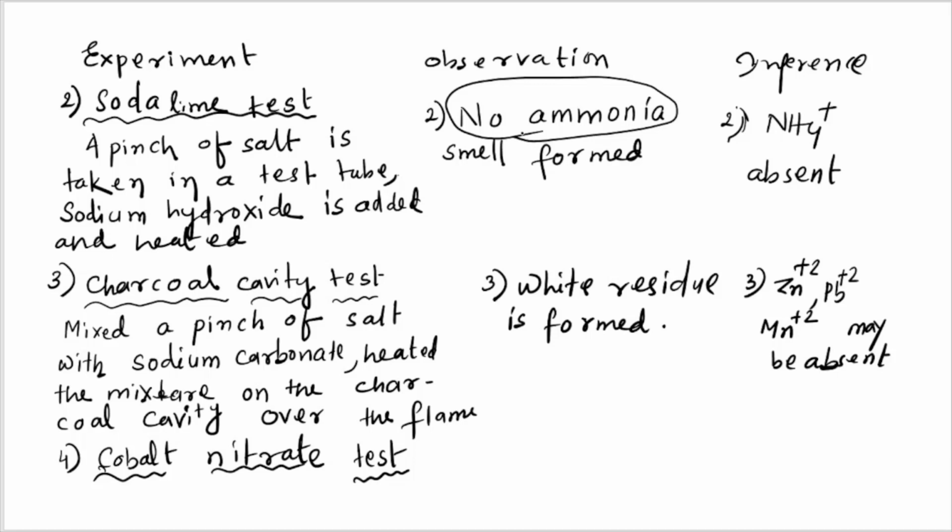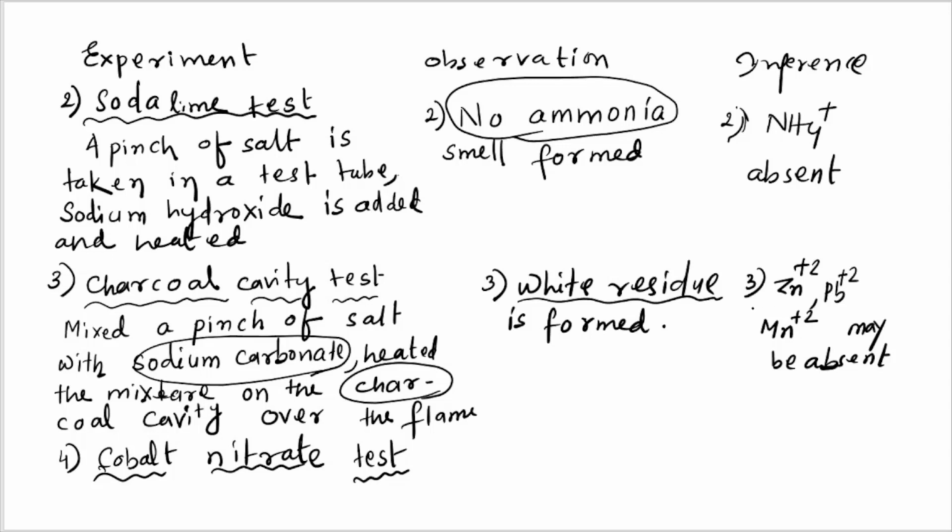Here you add the salt and sodium carbonate as a mixture and heat strongly over the flame. If a white residue is formed, it may be Zn+2, Pb+2, and Mn+2 may be absent.